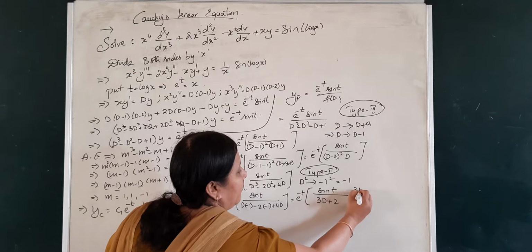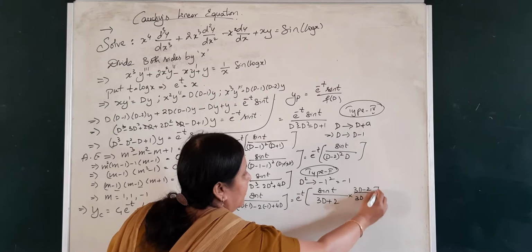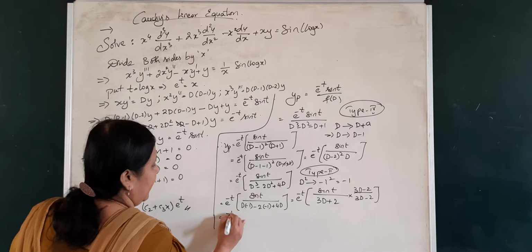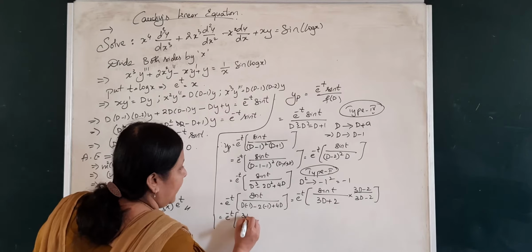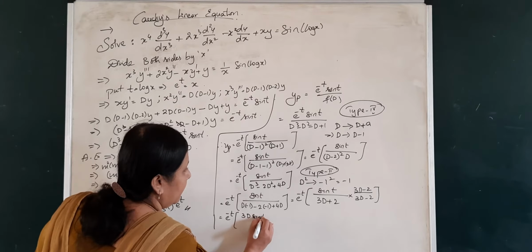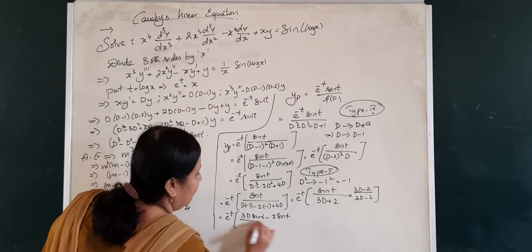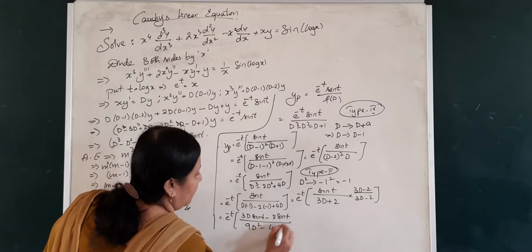Now multiply and divide by its conjugate, so that the denominator will get a d square term. So we get e power minus t into 3 times the derivative of sin t minus 2 sin t, whole divided by 9d square minus 4.